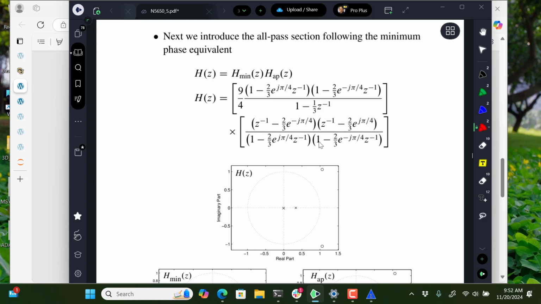So this right here is now the minimum phase. That's the all-pass. So the decomposition is done.